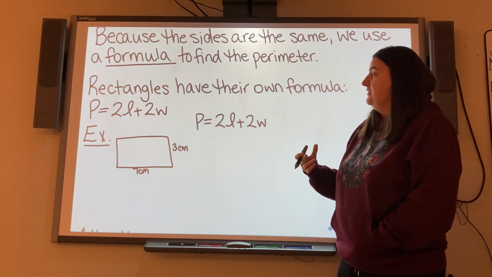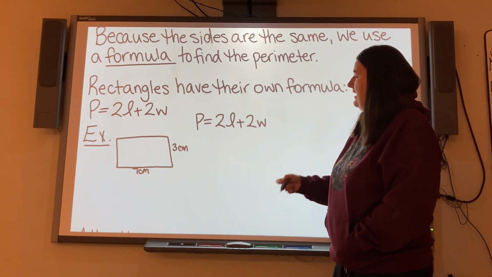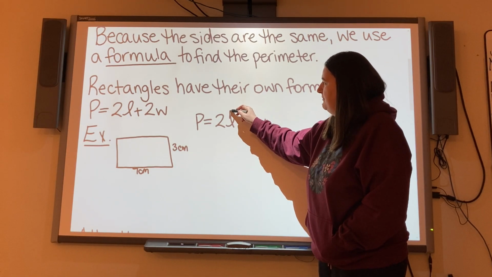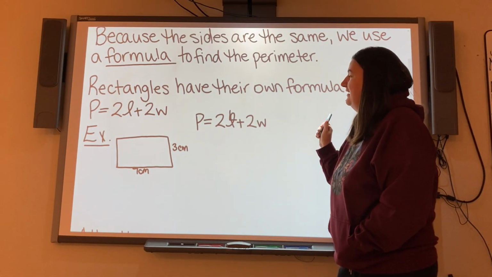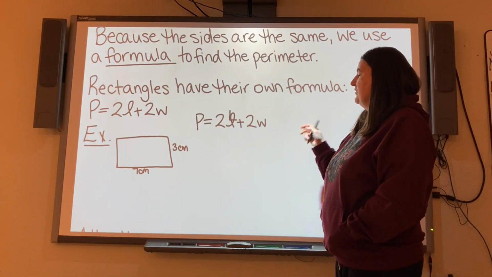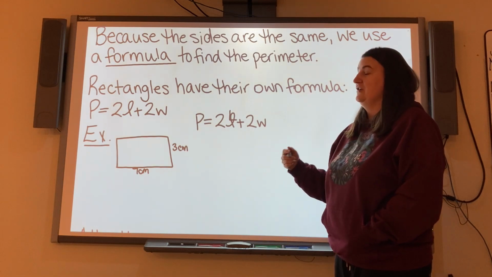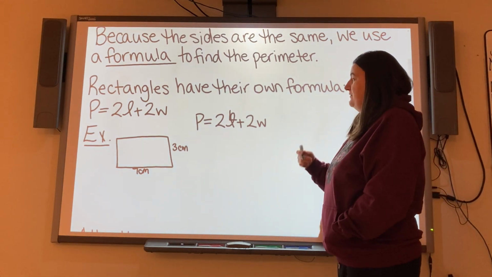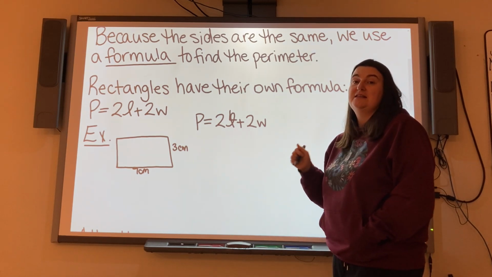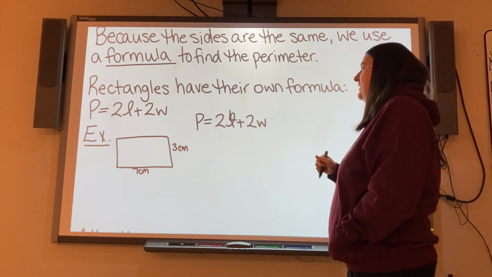Now, L and W are very easy to figure out, and I use a cursive L, but you can use a capital L if you want to, because what's important here is that it doesn't look like a 1.